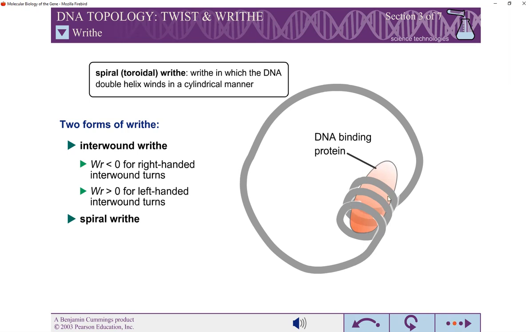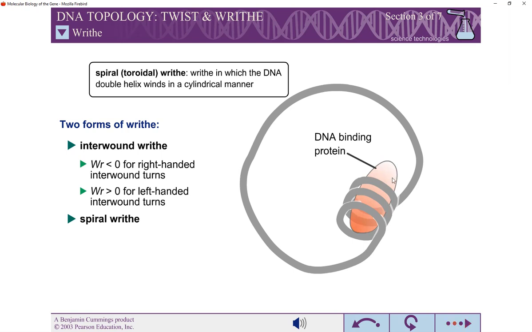Now, in this type of toroidal writhe, everything is going to be in the opposite direction. Why? Because DNA is going to bind with a protein molecule. DNA binds over a protein molecule because DNA has an affinity to bind with proteins.